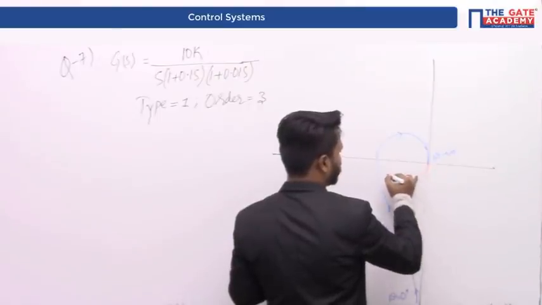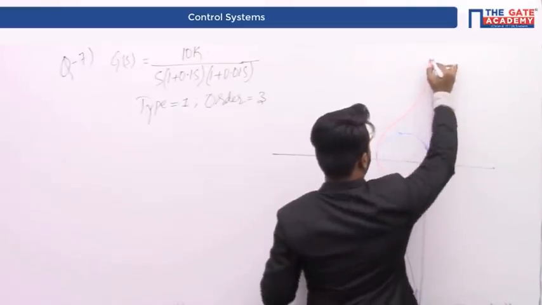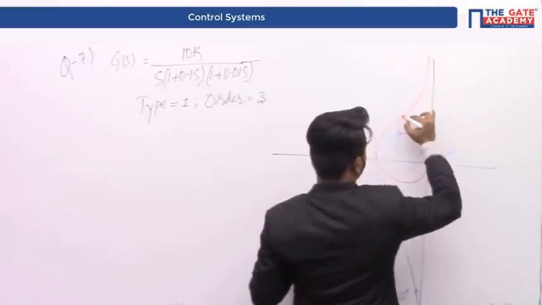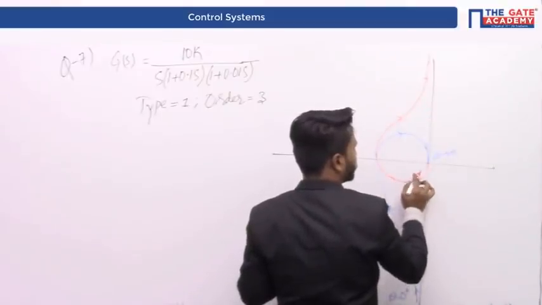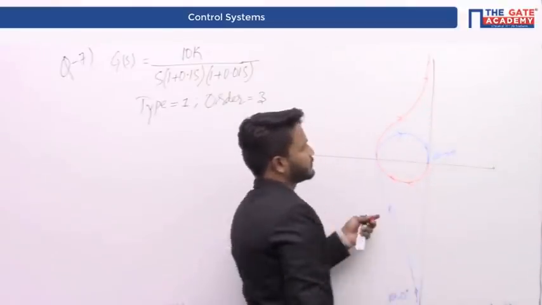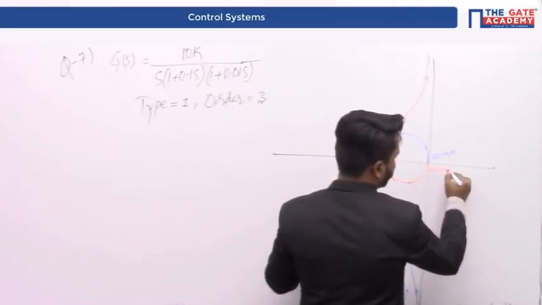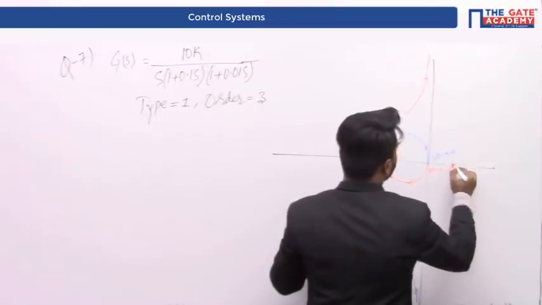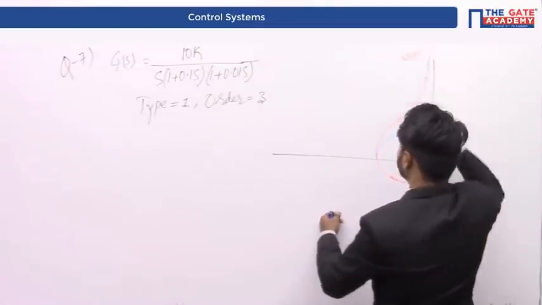Therefore, this is the plot. This is the plot for negative frequencies, which means as omega is varied from negative infinity to 0 minus.